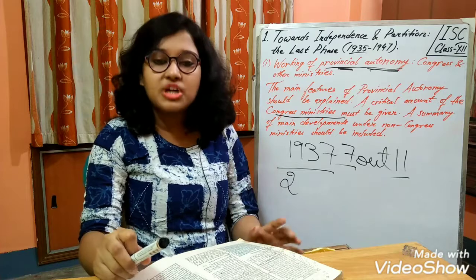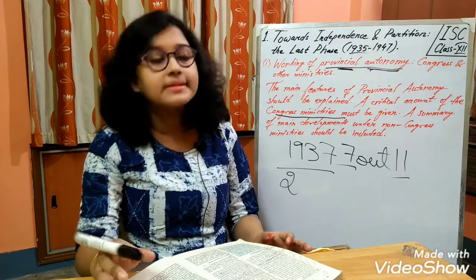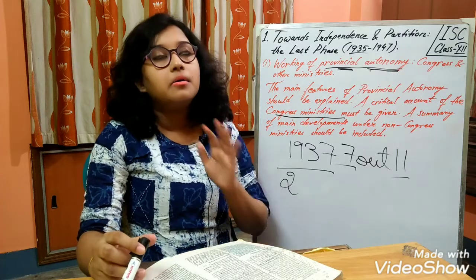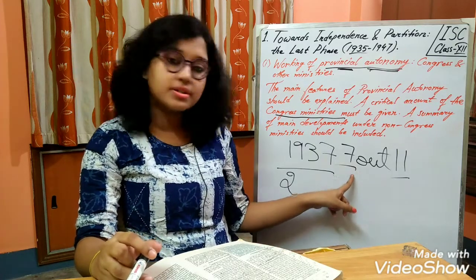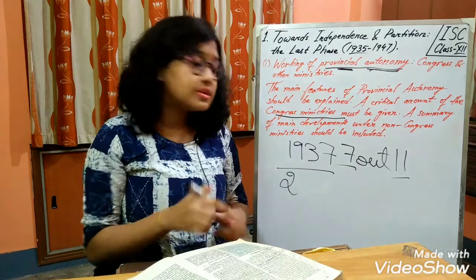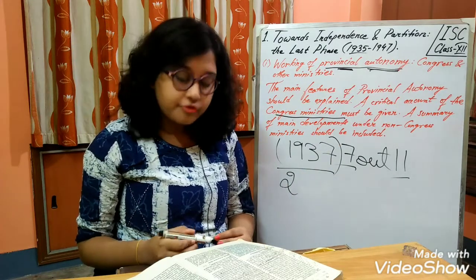So apart from Punjab and Bengal, in all other provinces, there was Congress. In 7, there were majority winners, and in 2, there were coalition winners. So it was a great achievement for Congress, and the 1937 elections are a major event in Indian history, particularly in the history of India's struggle for freedom.